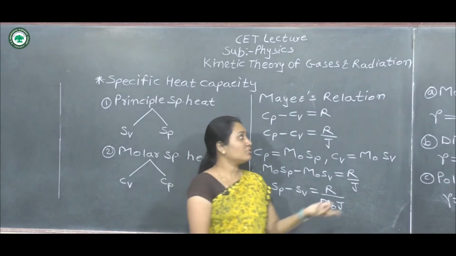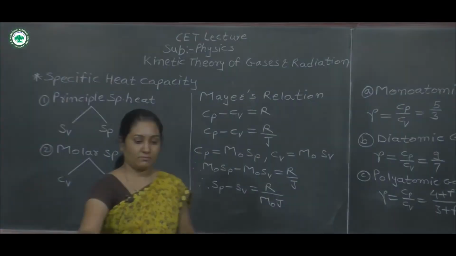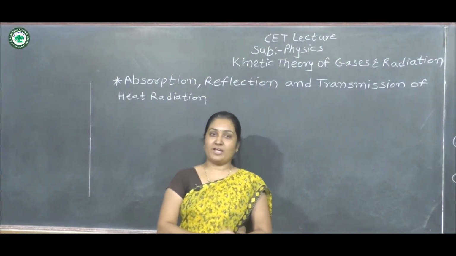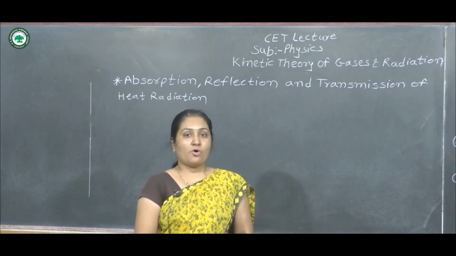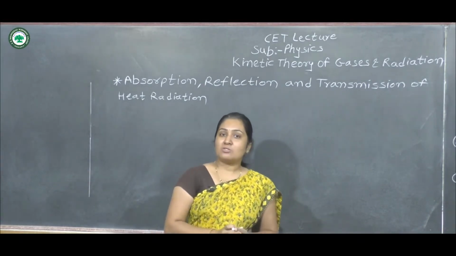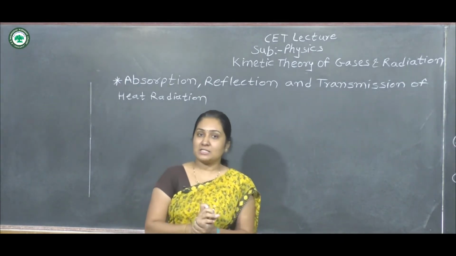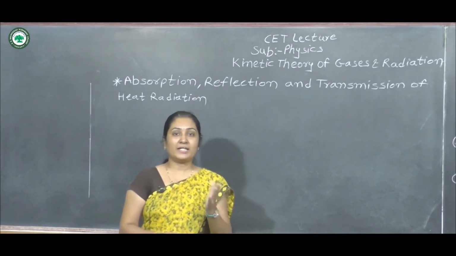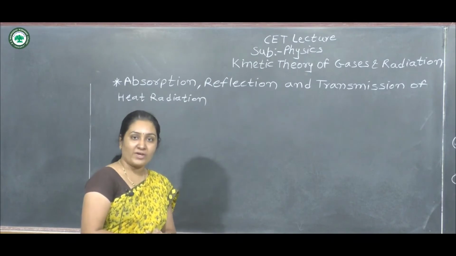Now we have to study radiation. Next point is absorption, reflection and transmission of heat radiation. In 11th standard we studied heat transfer. How is heat transferred? There are 3 different ways by which heat can be transferred, so we will study those ways of heat transfer.